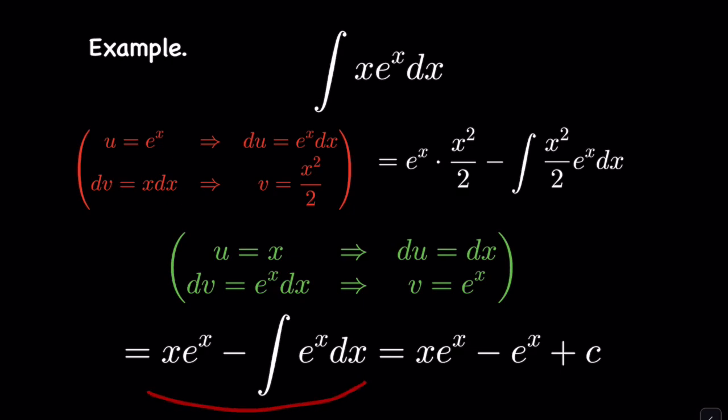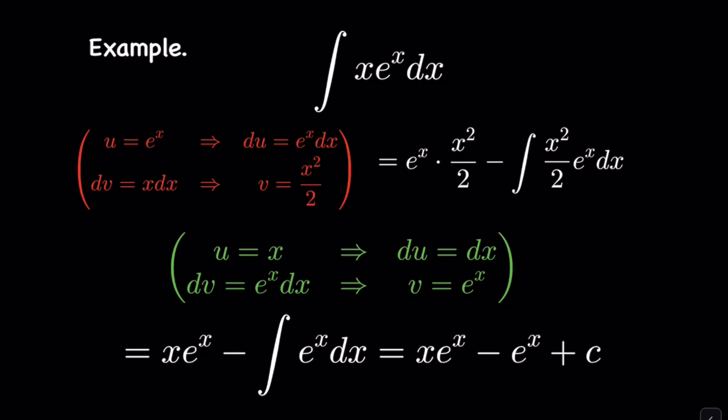Notice that the integral I'm getting here, e to the x, is simpler than what we started with. The reason is that u has an easier derivative. u equals x, and the derivative of x is 1.